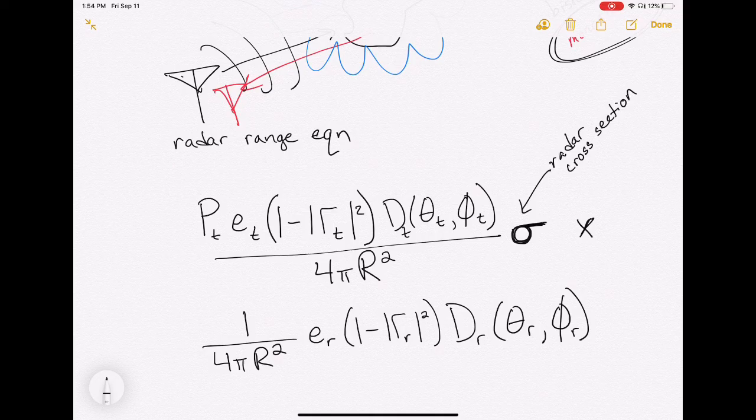The polarization loss factor is a little bit more complicated here, because it's possible for the target to radiate a different polarization than the one that the transmitter radiated, but we're going to just put in the polarization loss factor the way that it normally is, with the understanding that this little t on the PT is now not the transmitter polarization unit vector, but the target polarization unit vector.